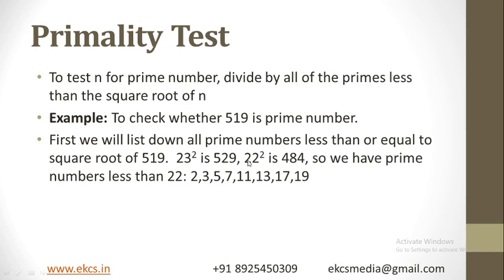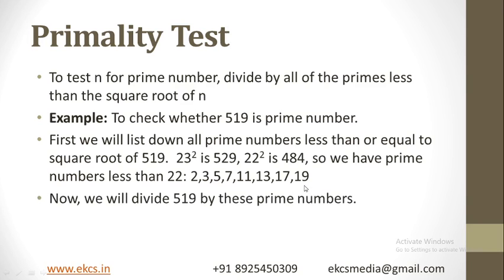So we have to list all the prime numbers less than the square root of 519. So we get the primes as 2, 3, 5, 7, 11, 13, 17 and 19. So we have to test whether 519 is divisible by 2, 3, 5, 7, 11, 13, 17 and 19.